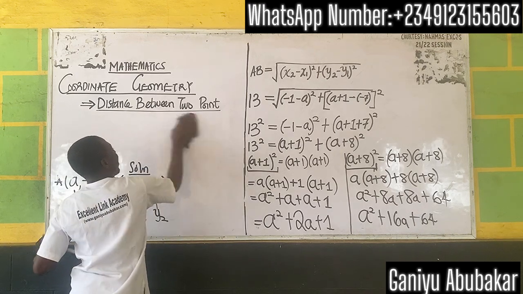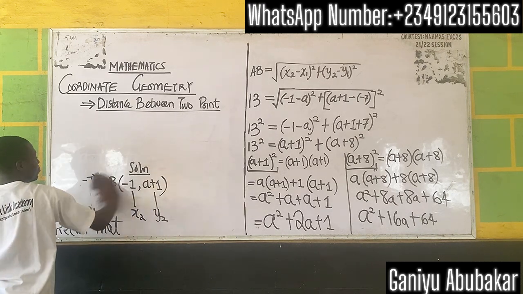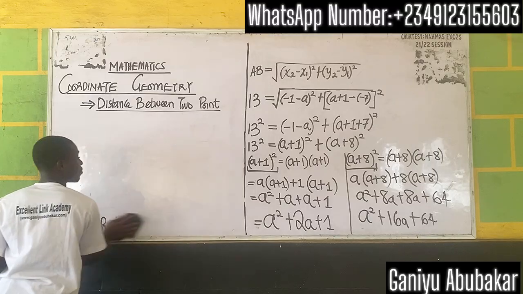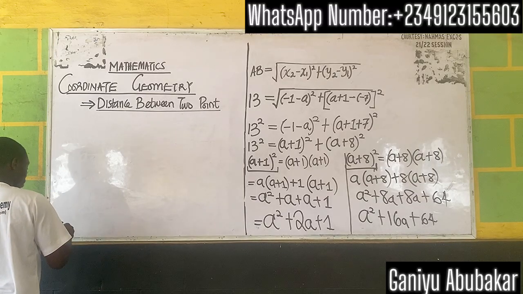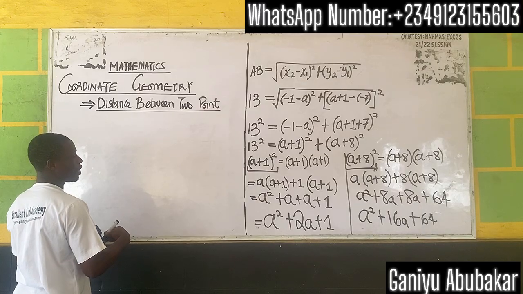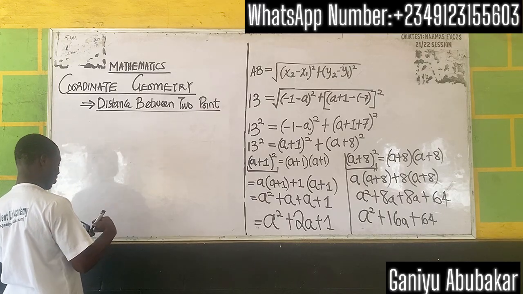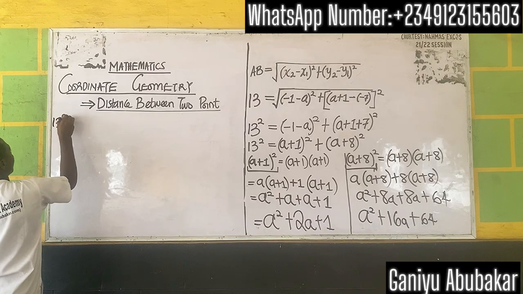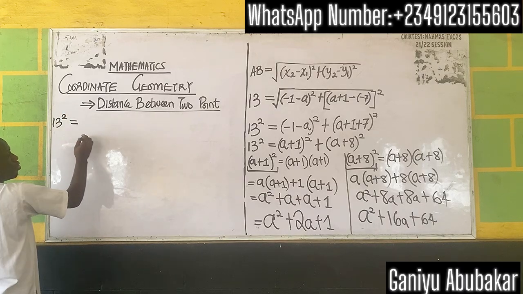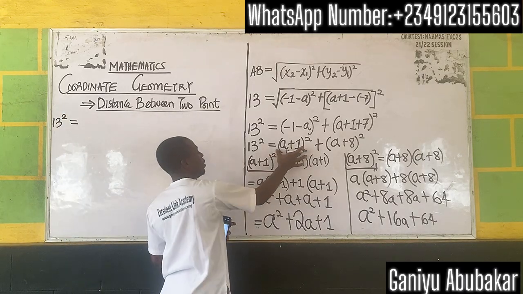Don't forget, we are asked to find the value of A. So from this part here, that gives you 13 squared is equal to, after expanding this one here, I have this answer.